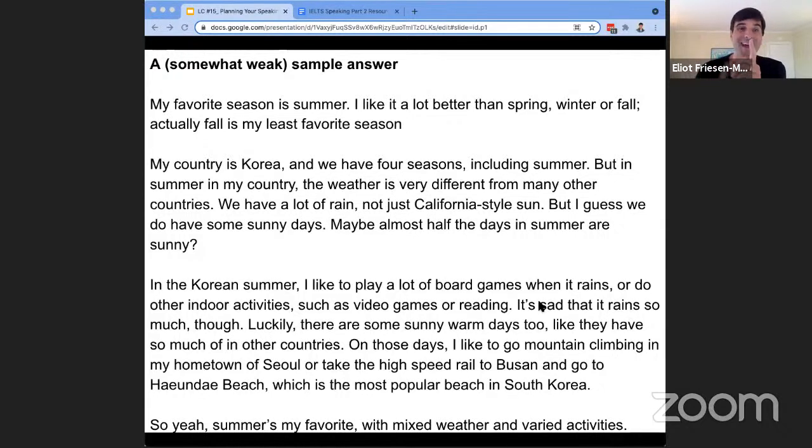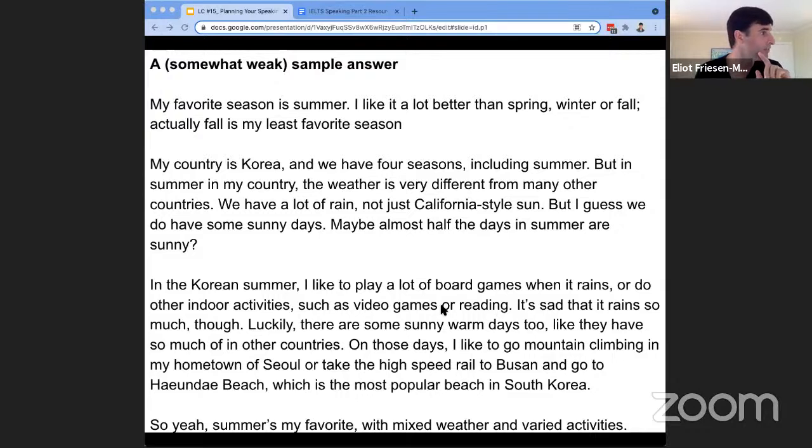And probably, as we're going to hear from some of you who are working on this now, some information that should not belong in there. But there is a lot of information about what we do, but the why information is not there. It is really unclear why this is the person's favorite season, other than just to mention that here down below. So we need to work on that a little bit for this one to be improved.